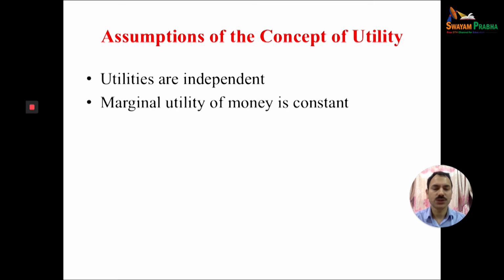We can express the utility in terms of money, and the marginal utility of money is constant. Divisibility means the commodity can be used as per the requirement.